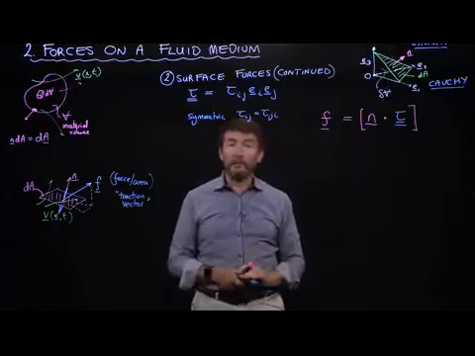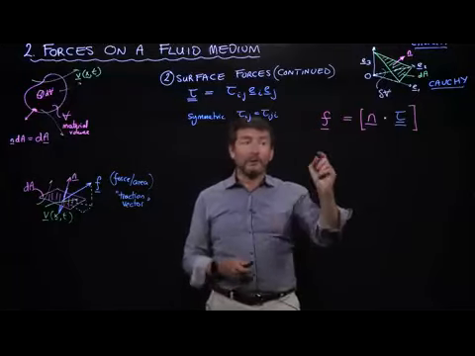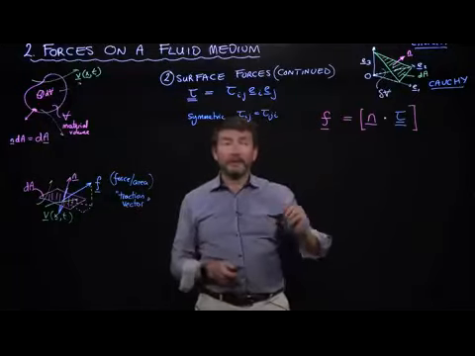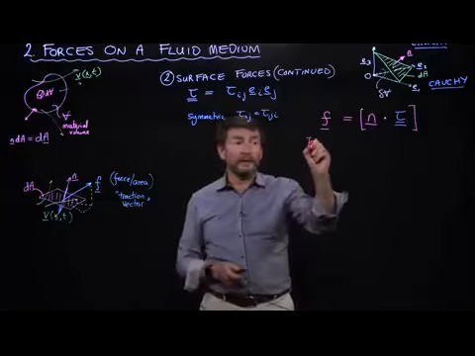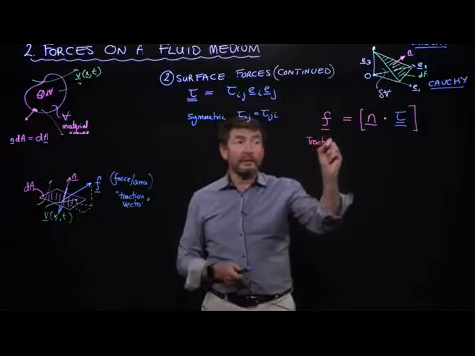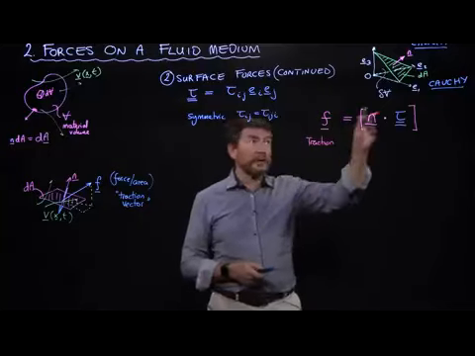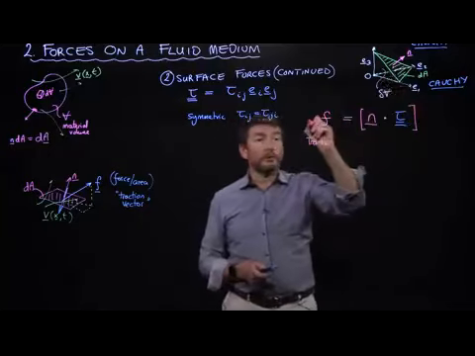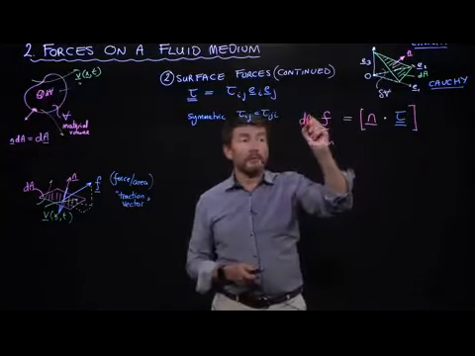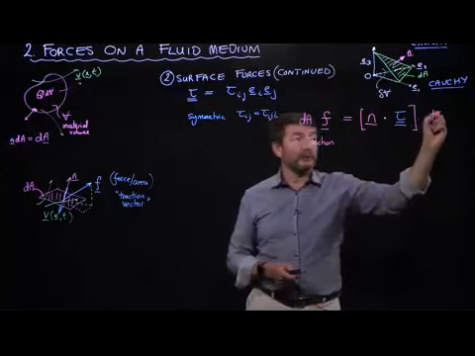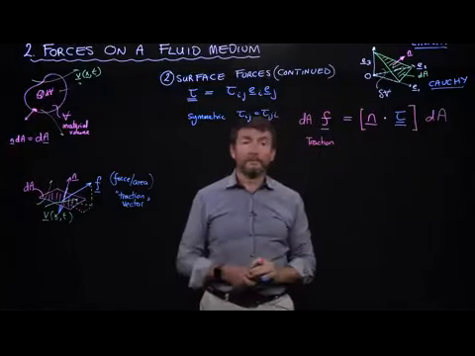So this is a force per unit area. We've called this a traction vector, and that's the best way of thinking about it. And if you're interested in the total force on an area dA, then multiplying that by dA would give you the total force.